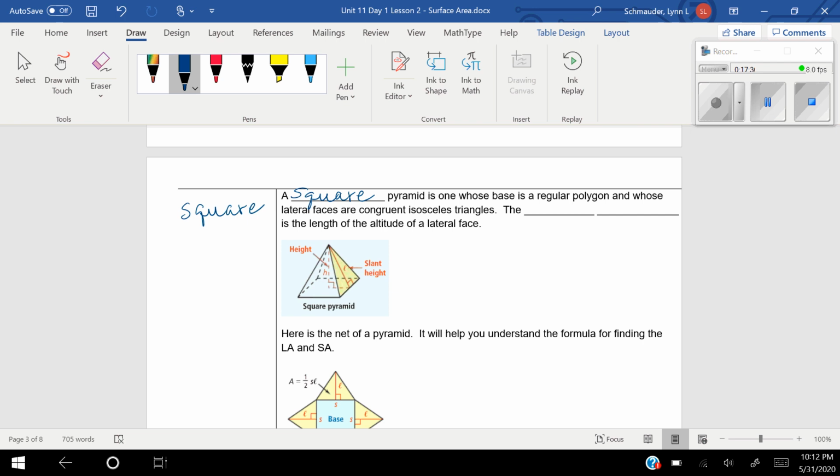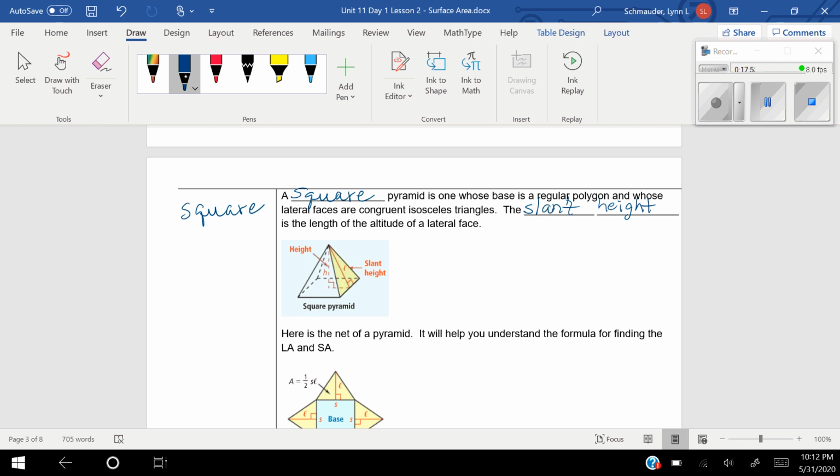All right. And what we need to know about a pyramid is its slant height if we're going to find its area. Okay, and what is the slant height? The slant height is the length of the altitude of a lateral face.